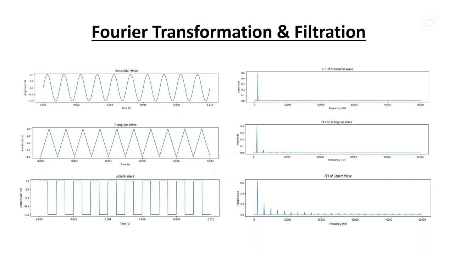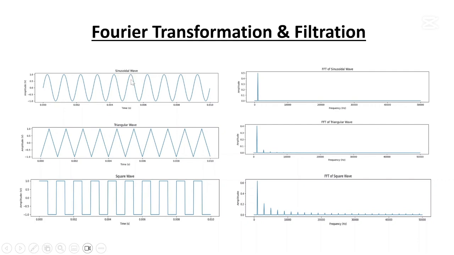The Fourier transform is a thing that shows us the frequency of a signal. If this is the signal in time domain, then its Fourier transform means the signal in frequency. It will look like this one.